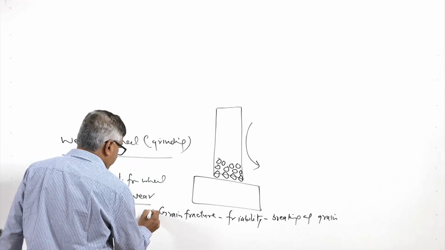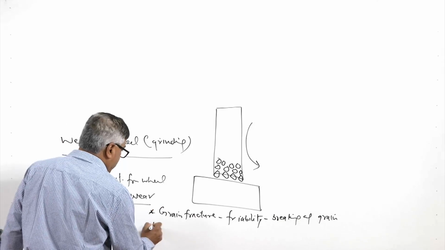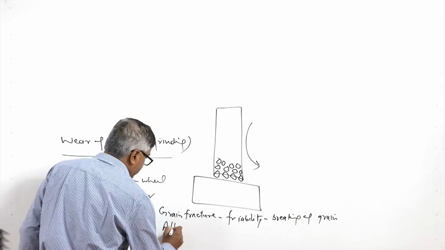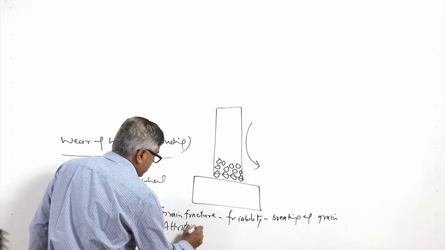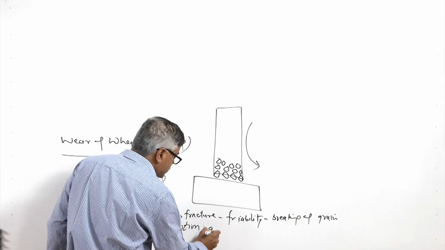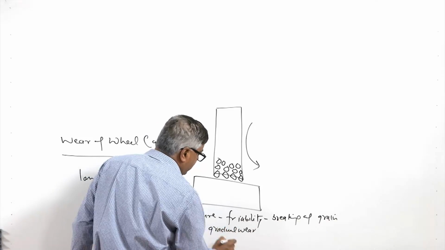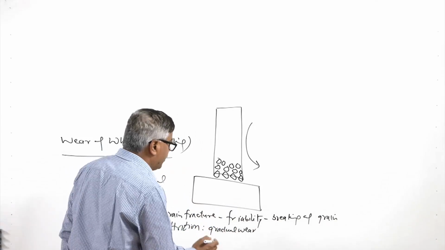This is one mechanism, and another operational mechanism is attrition. Attrition is basically the gradual wear of the abrasives as well as the bond material.